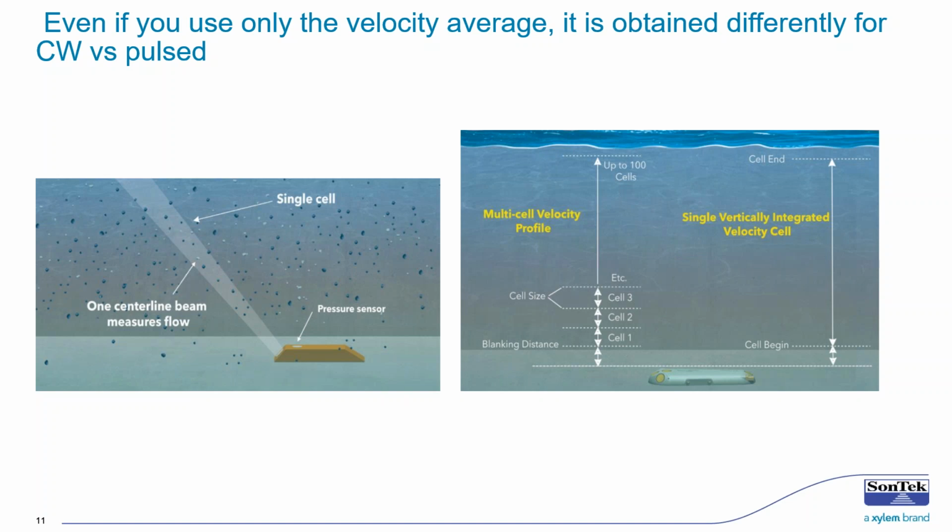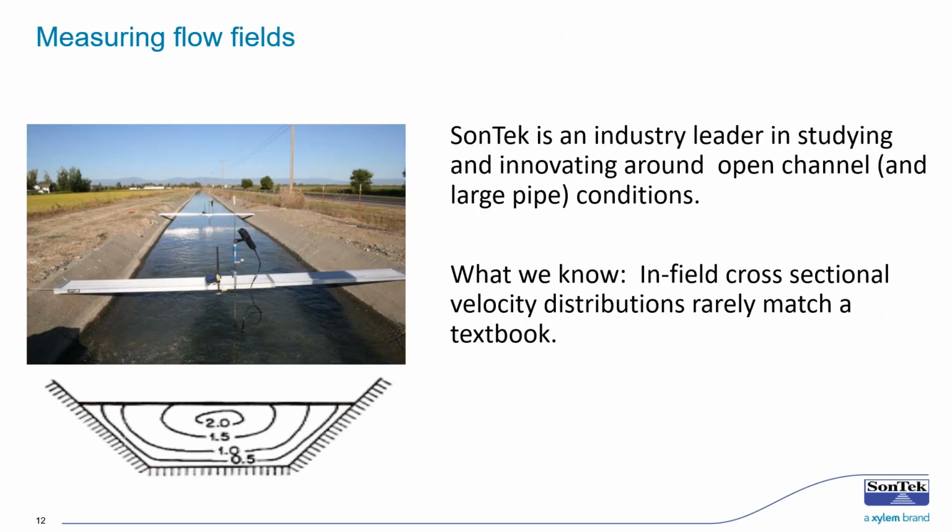In the case of the continuous wave, it's just an average of everything coming back in a continuous stream of data, and that's snapshotted and averaged. Whereas the Pulsed Doppler measures in layers, computes the average from all of that profile information, and then gives you one number. So that's the first fundamental difference.